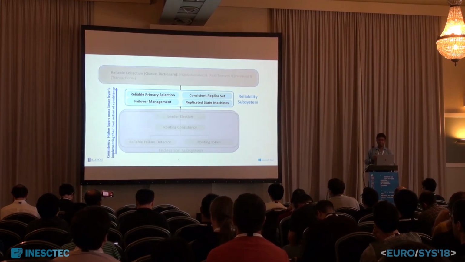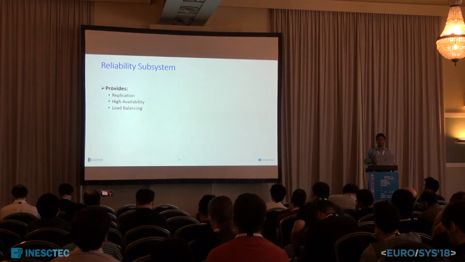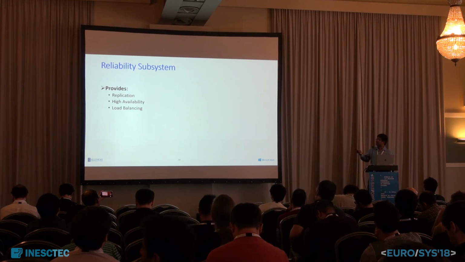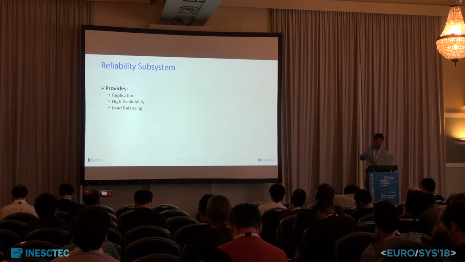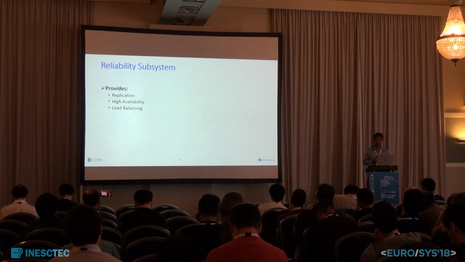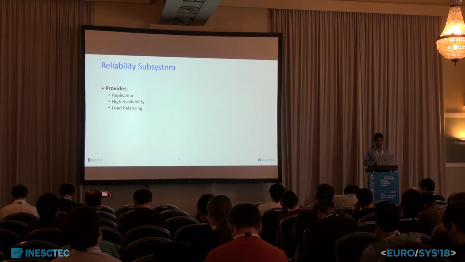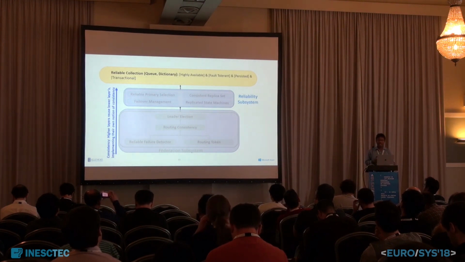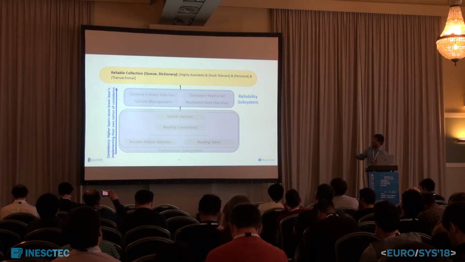Now, I will give a very brief overview of the reliability subsystem. The reliability subsystem provides replication, high availability, and load balancing. The consistent lower layer, that means the federation subsystem, helps the reliability subsystem to easily implement these guarantees. Next, I will very briefly introduce the reliable collection.